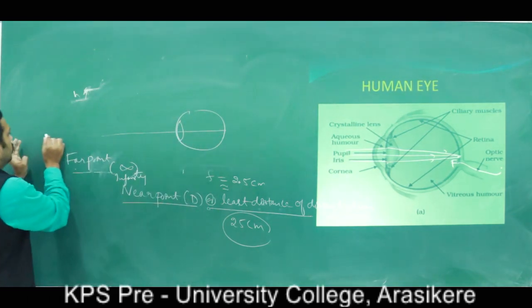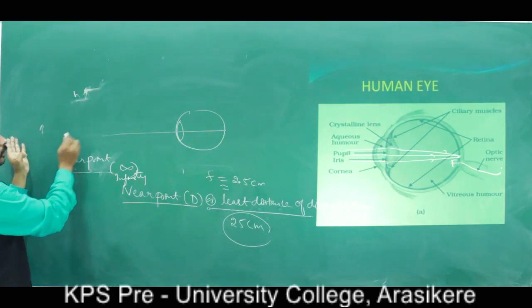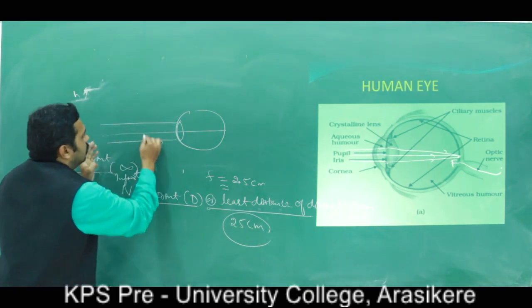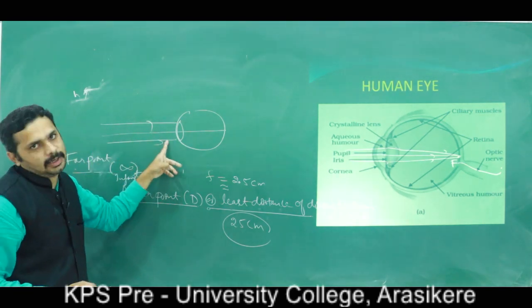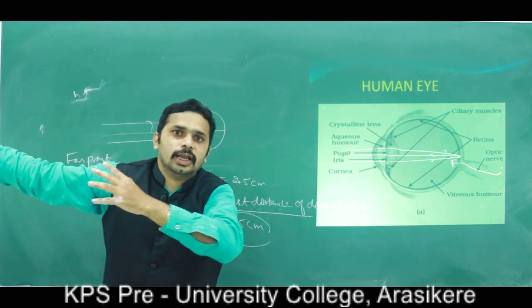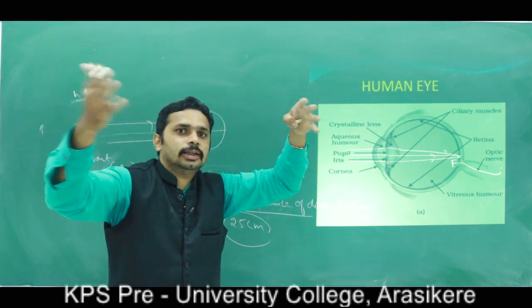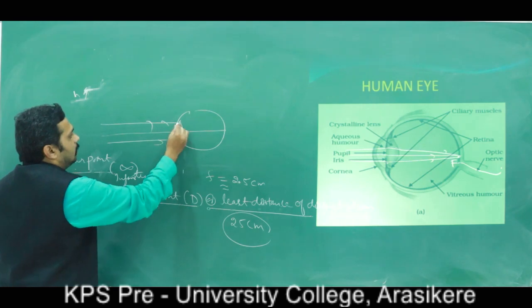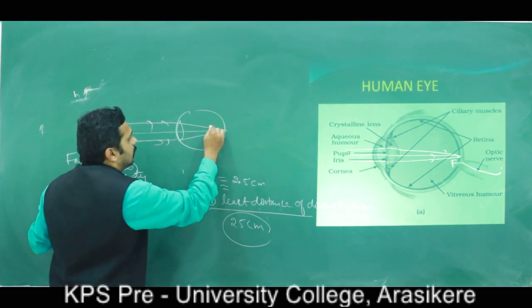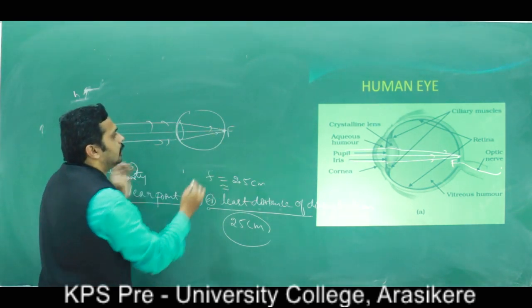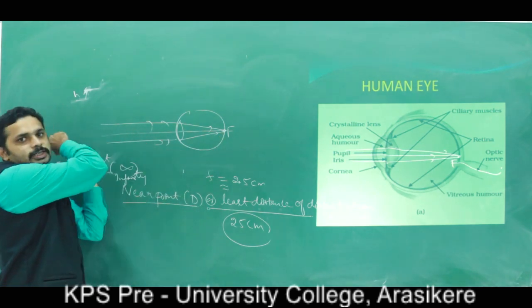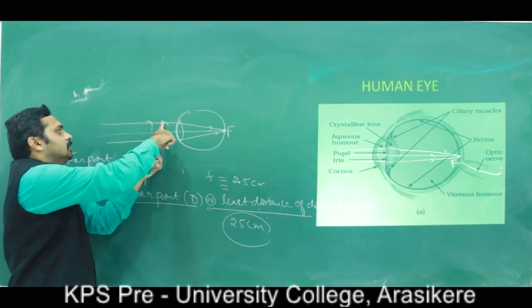Now assume the object is very far. If the object is very far, the light rays we get are parallel. If the object is very far away, from the object we will get parallel rays. Now parallel rays means the light rays are focused on the retina. The object is at infinity, we get parallel rays.